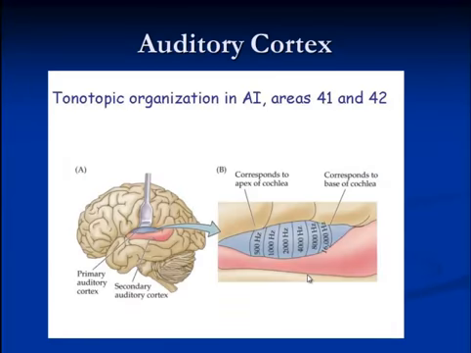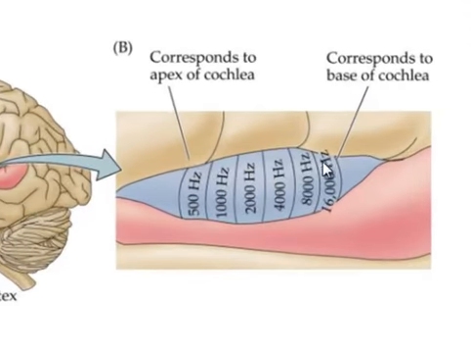The auditory cortex is also tonotopic. In other words, the high frequency area of the auditory cortex is getting signals from near the oval window. Those nerves are sending their signals via the medial geniculate to here. A little lower, a little lower, a little lower.